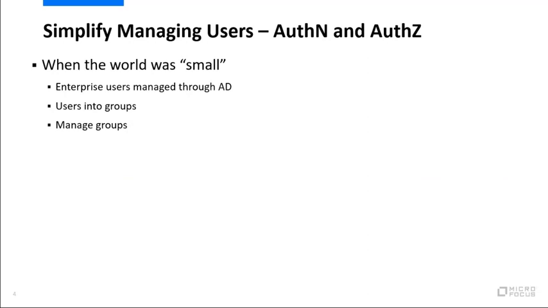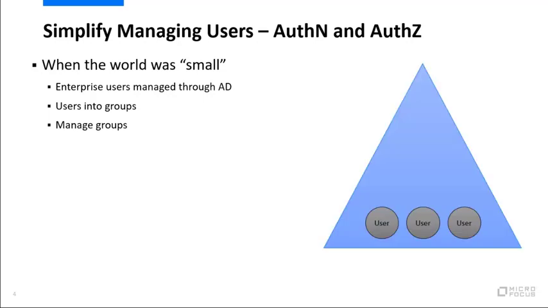So as we talk about what I like to abbreviate as AuthN and AuthZ, that's authentication and authorization. Back in the earlier days when the world was pretty small, we had Active Directory, a bunch of users, and what we did was we moved users into groups and managed those groups so that we could control Amy's part of marketing, so she gets access to the marketing cloud and marketing data.